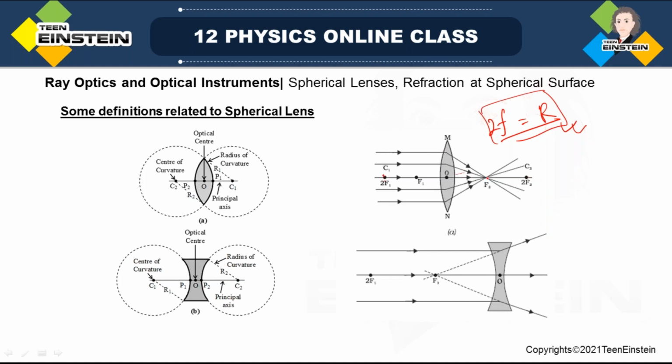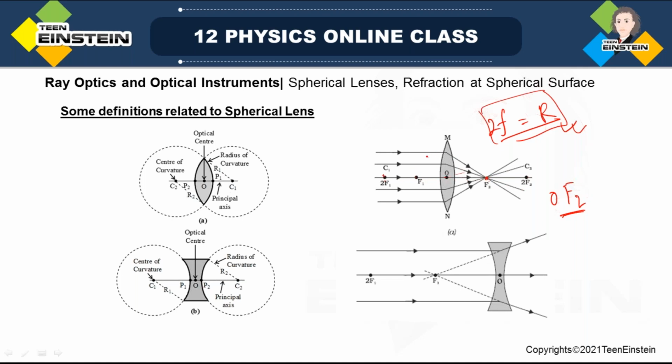So when you have a focus over here, this is OF1, suppose OF2. If F2 is a focus, there must be a corresponding point on the principal axis on the left hand side at the same distance.